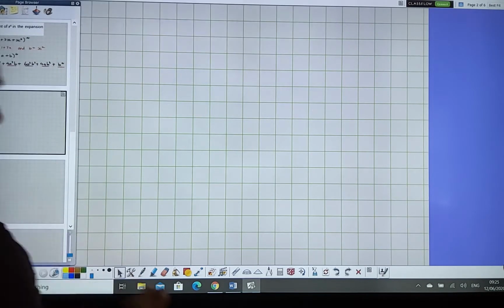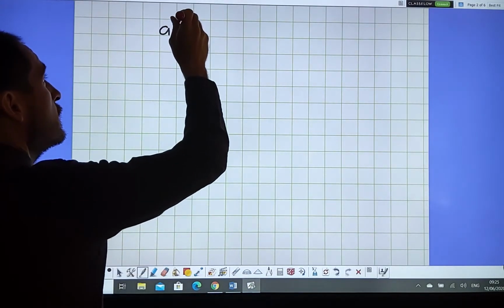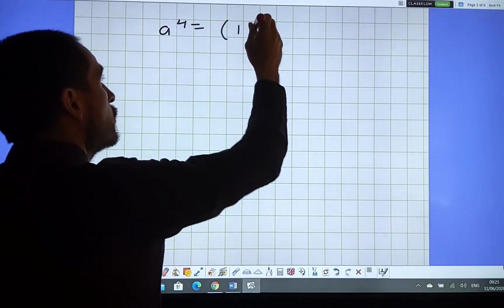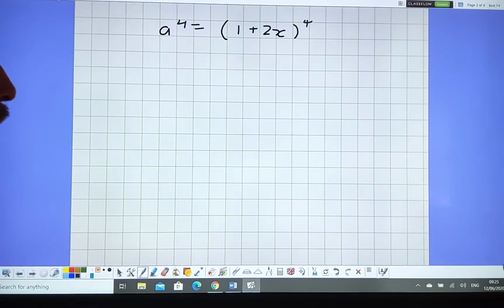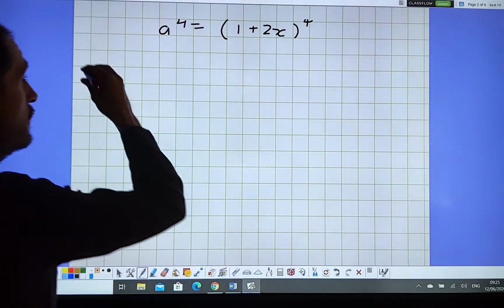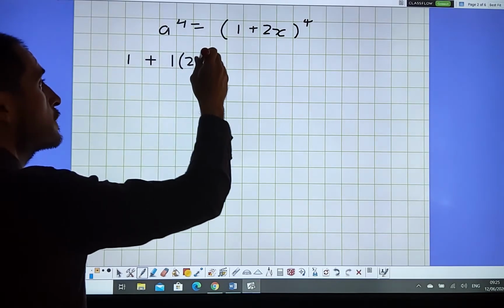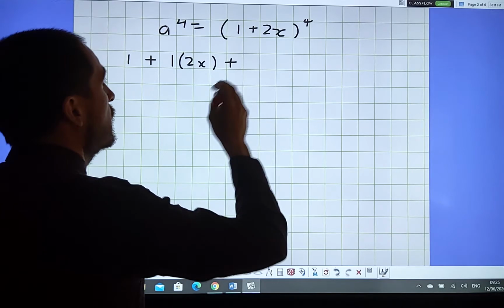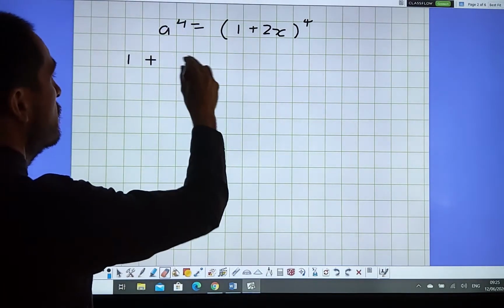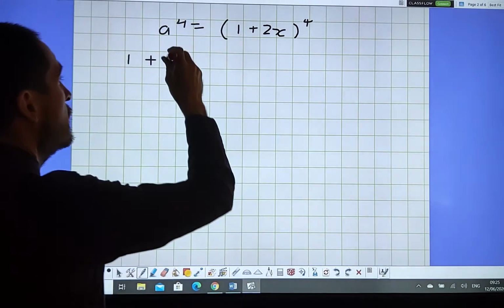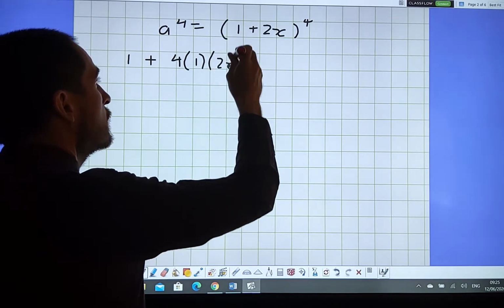We know that a to the power of 4 is equal to (1 + 2x) to the power of 4. So that's our substitution, we sub back in. Let's expand that out. It's going to be 1 to the power of 4 plus 4 times 1 to the power of 3 times 2x.